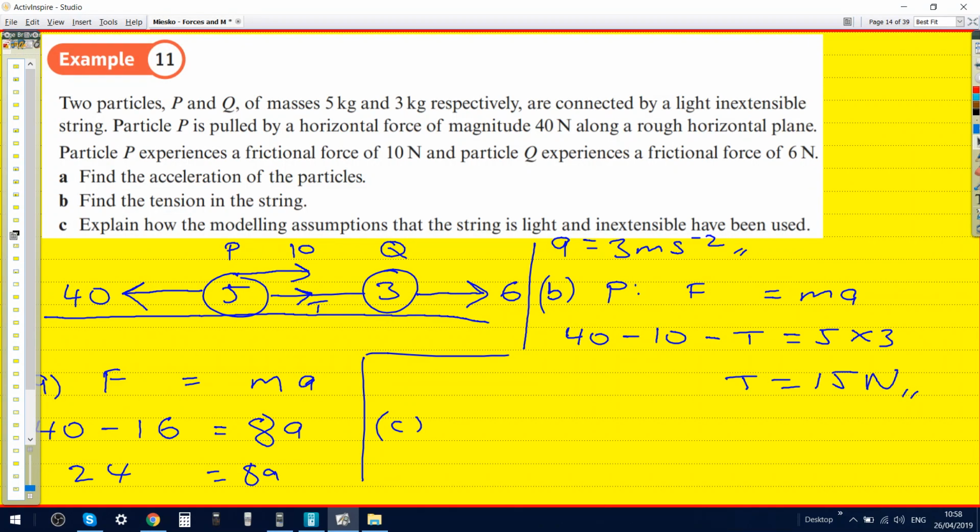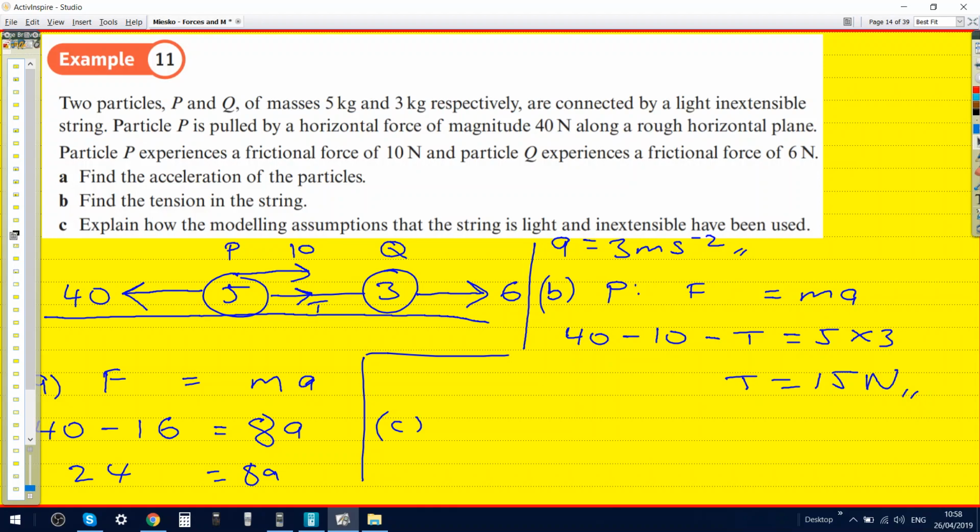Connected particles. So sometimes you have to take the whole system. So if they want like the acceleration of both of them, you take the whole system. If they want the tension between them, you would just look at one of them. And you can find the tension that way. The modeling that it's light, it has no mass, and that it's inextensible, the tension is the same all the way throughout.